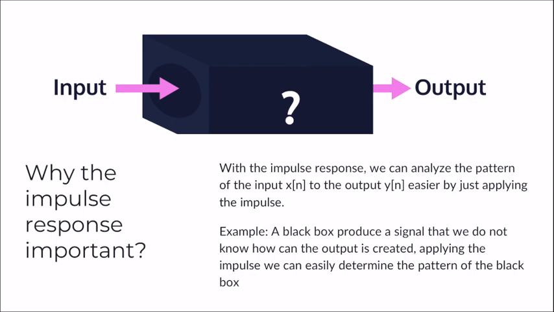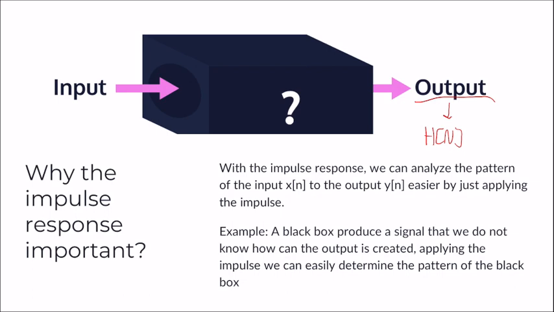If we have an input and this is the box, which is our system, it's going to give us the output h of n, which is the impulse response. With the impulse response, we can analyze the pattern of the input x of n to the output y of n, and this could be easier by just applying the impulse.